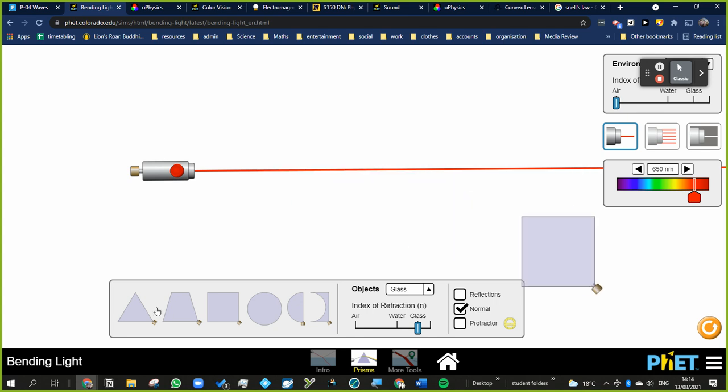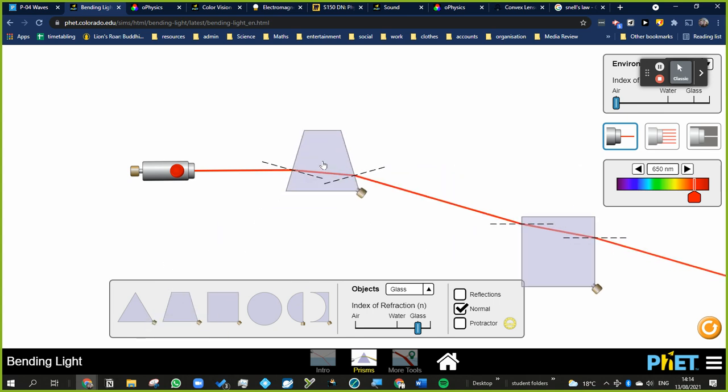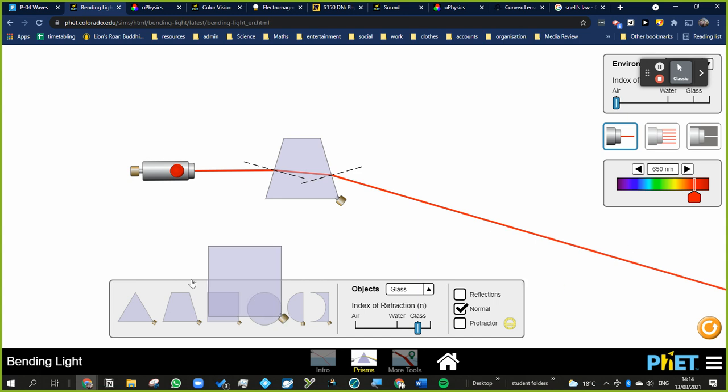But if I got one of these, you can see that actually. Let's put this over here for now. If I go over here, as it goes into this shape, it's going to go towards the normal and away from the normal. But because of the angles, it actually has this focusing concept.